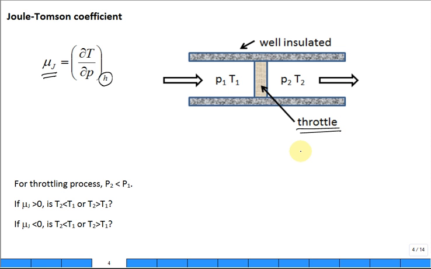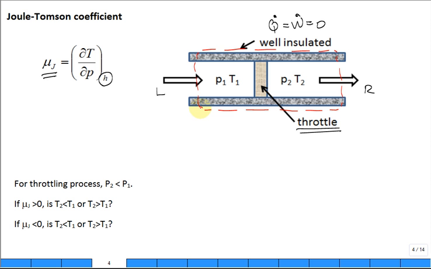And so as the flow moves from left to right in a well-insulated device so that there's no heat transfer, there's no shaft work, you do a little control volume analysis around it, true?